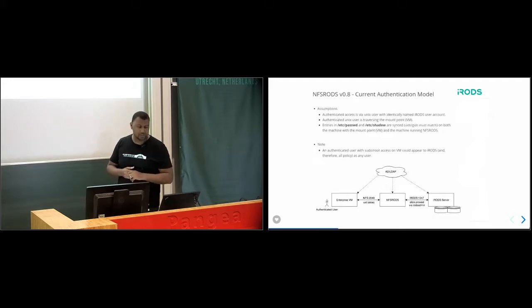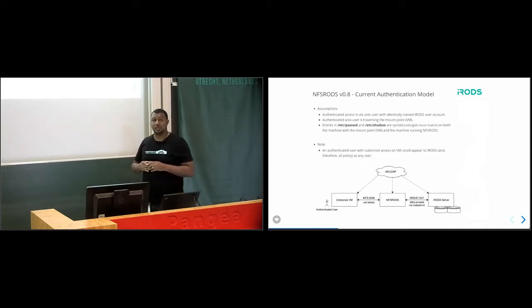So essentially our solution was we just scrapped that. We simplified it all the way down to where NFSRODS now makes a lot of assumptions about where it's running. Essentially NFSRODS expects its environment to be secure.